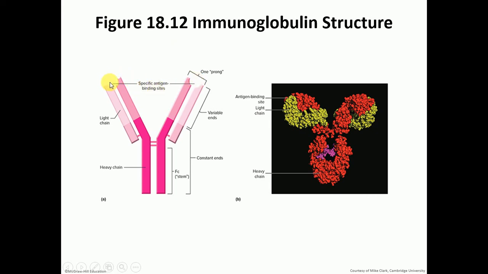These are variable between immunoglobulins, and they are specific to certain antigens, meaning that each antigen has its own antibody. While the constant region, this portion of the Y, is a constant end, and it is not going to interact with the antigen. The part that interacts with the antigen is this variable end, where at the very tip it has these antigen-specific binding sites.